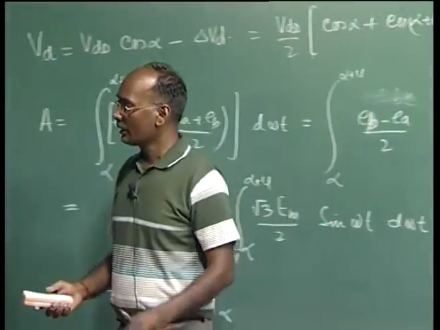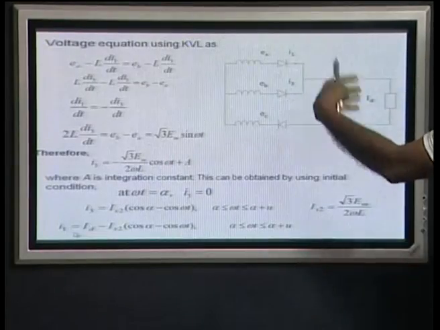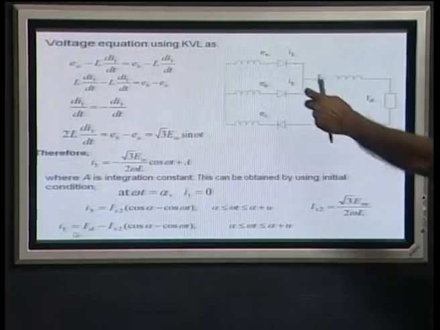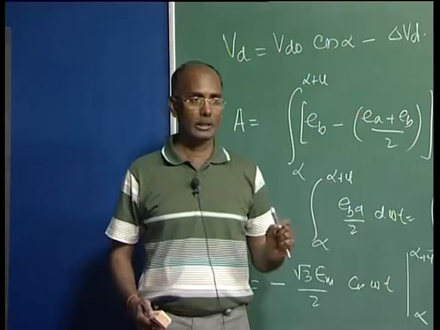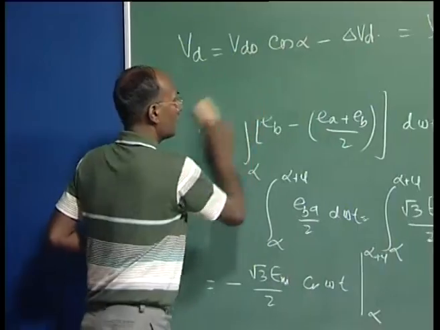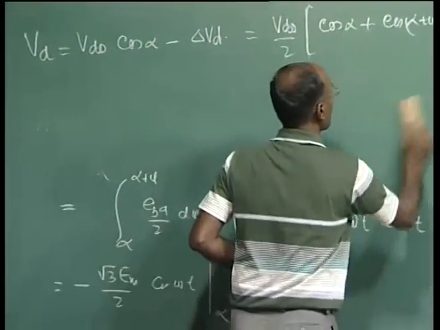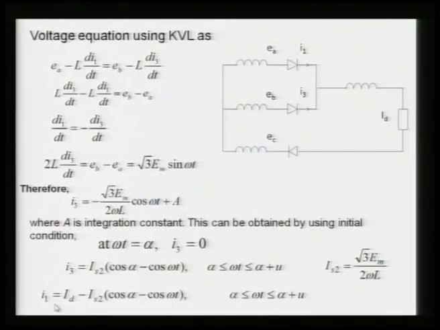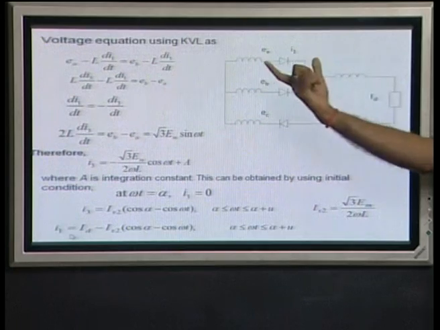To derive what will be the current I3 once valve 3 is fired, we can write the expression. Here again you can write Kirchhoff's voltage law, which is simple in this circuit.